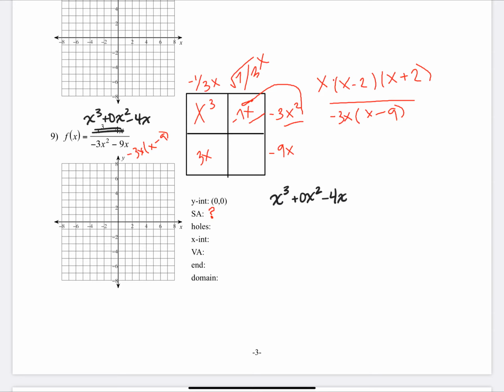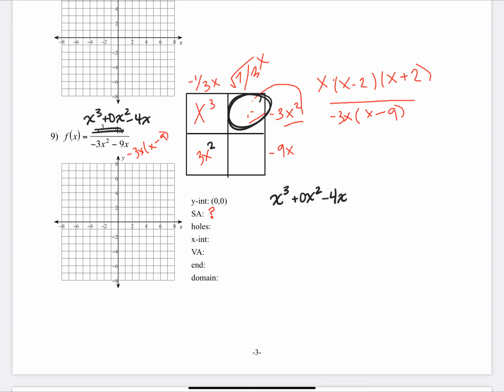And then when you multiply 1/3 x times negative 9x, you're actually going to get 3x squared. So now you need to think about what you are going to add or subtract from 3x squared to get 0x squared. And that's what'll go right here. So in that box, let me try something here.